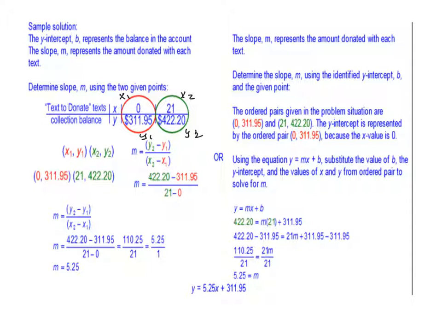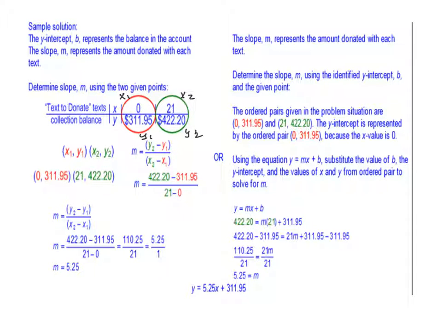Once we do the math here, we will get 110.25 over 21, and we'll get $5.25 as their slope. Okay, so what does this 5.25 represent?